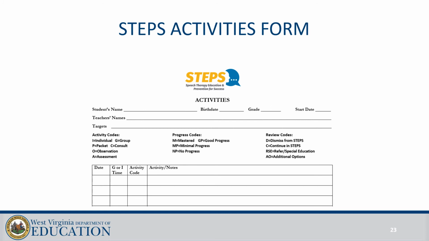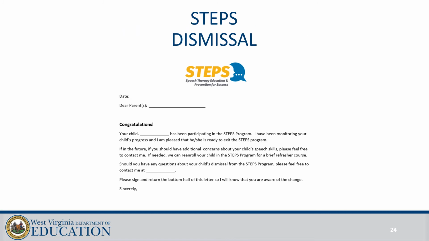So someone can look and say that, yes, you reviewed the students every so often. Each county should be consistent in their documentation, though. Here is a letter celebrating dismissal. It's important to notify the parent of the conclusion of the STEPS program.